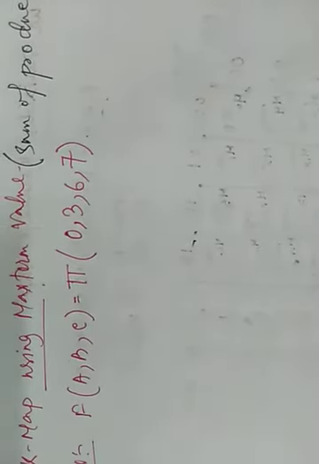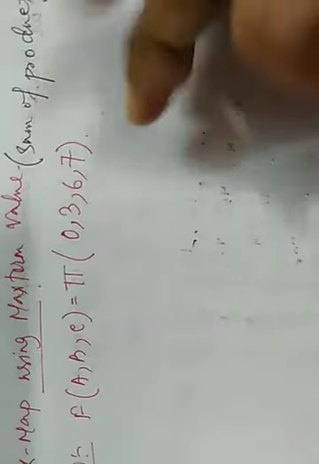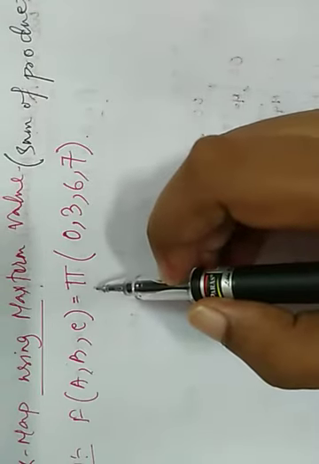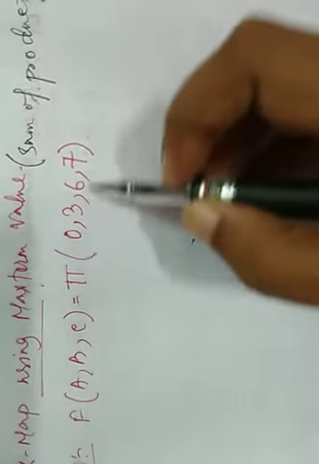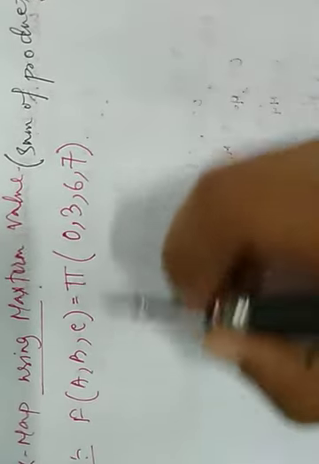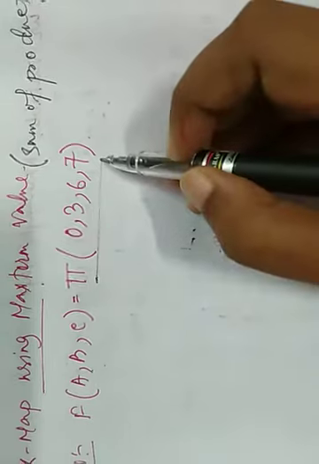Till now we did all the Karnaugh map expressions using min term values, meaning summation m like this one. But here you can see max term value is given.